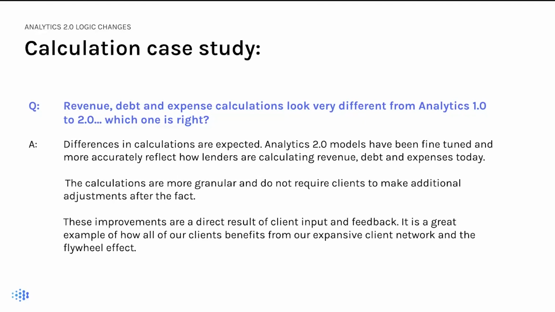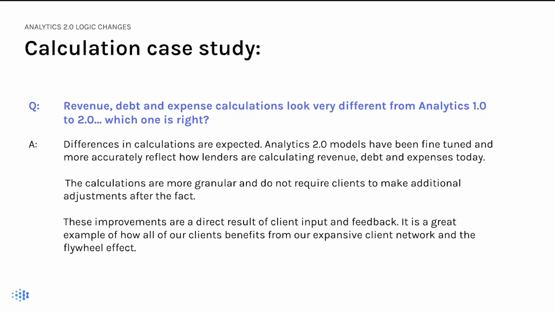Our models for Analytics 2.0 are more fine-tuned and more accurate, reflecting how lenders are calculating revenue, debt, and expenses today. The calculations are more granular and do not require clients to make additional adjustments after the fact. These improvements result from more client input and feedback, which is a great example of how our clients benefit from our expansive client network and flywheel effect.